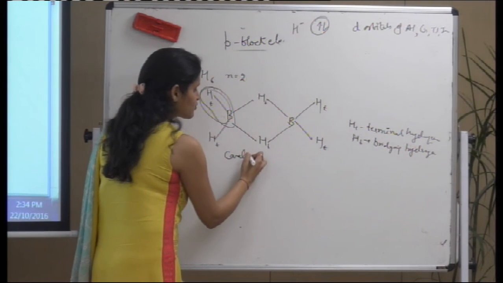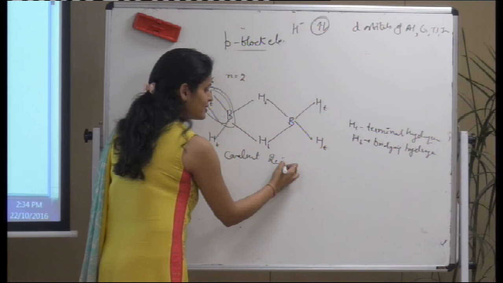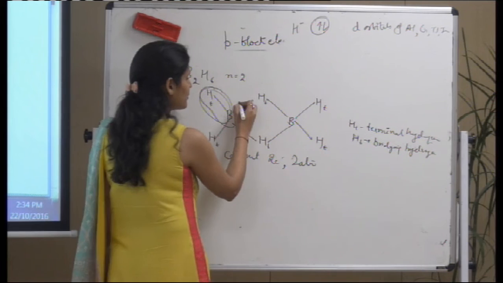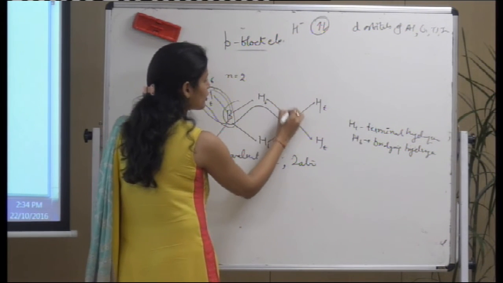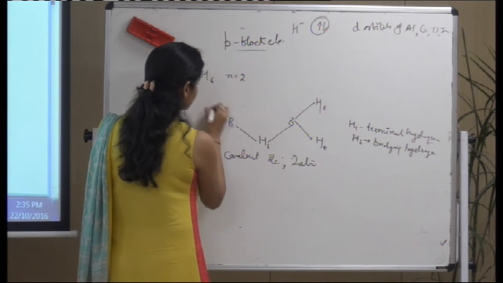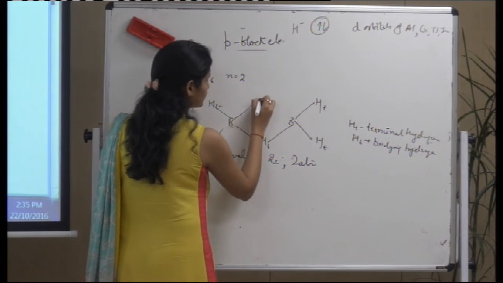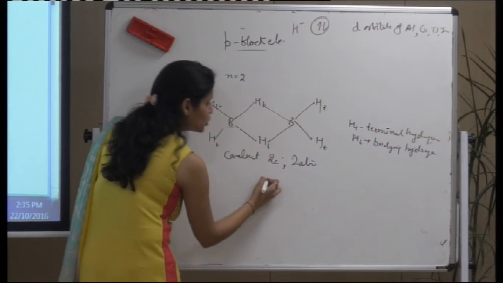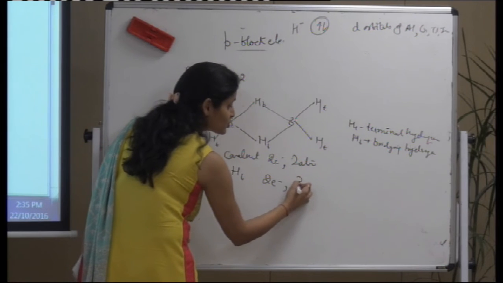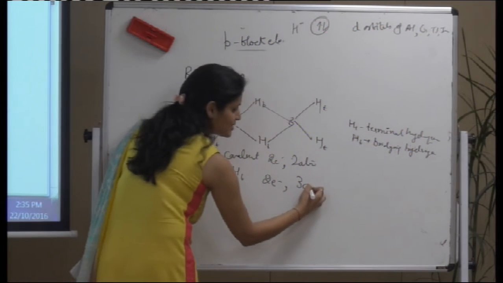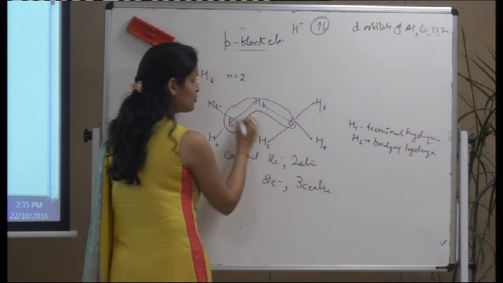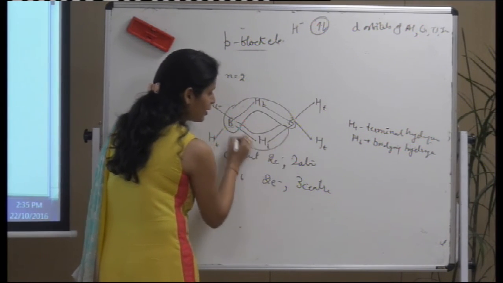A covalent bond is formed when there are 2 electrons and 2 atoms, right? But this is a sort of banana shape, okay? Here 2 electrons are being shared in the HB by 3 atoms. 3C means 3 center, and hence it appears in the form of a banana.